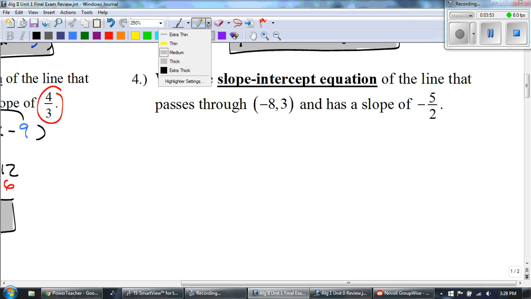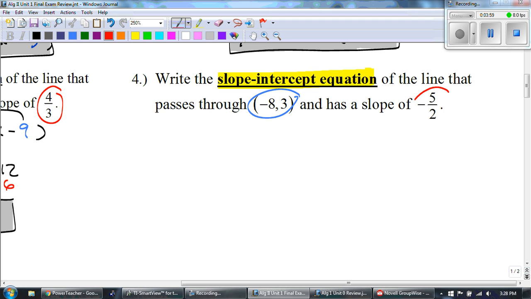Okay, so once again, they want slope intercept, and they give us a point and a slope. So I plug into point slope, negative 5 over 2, that's my slope, y minus 3, and it'll be x plus 8. And then we just solve.